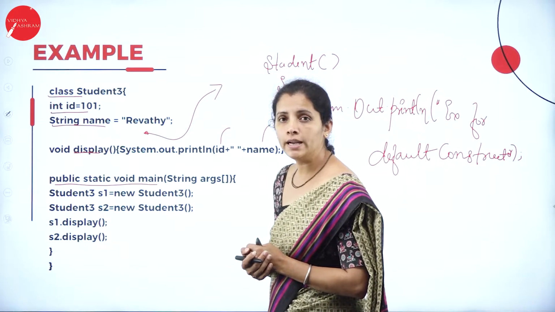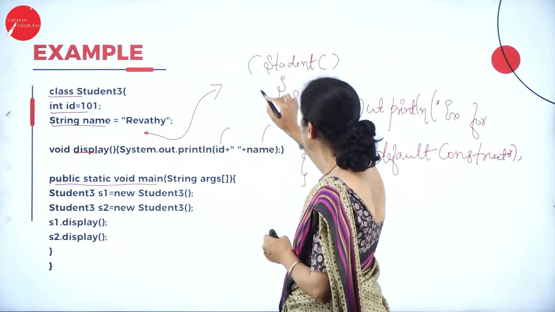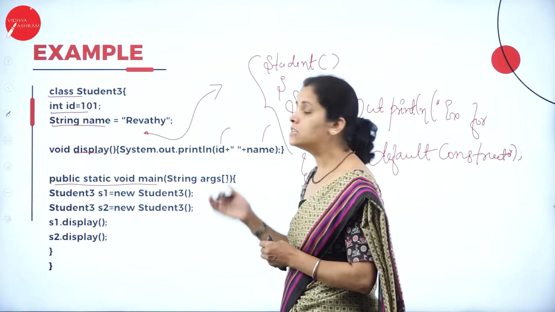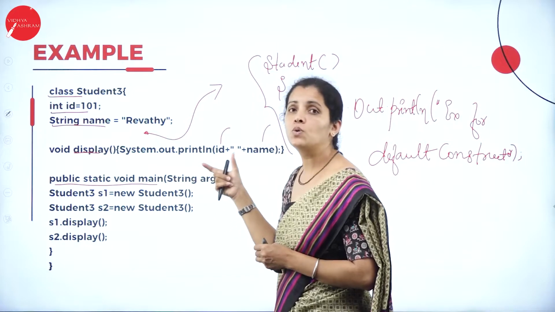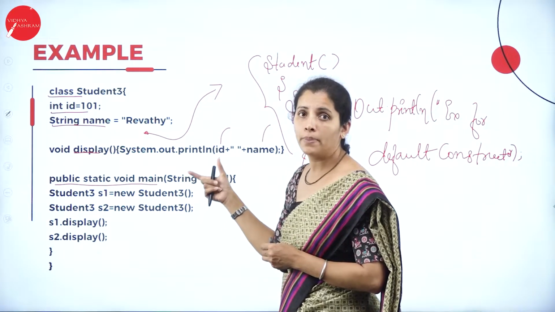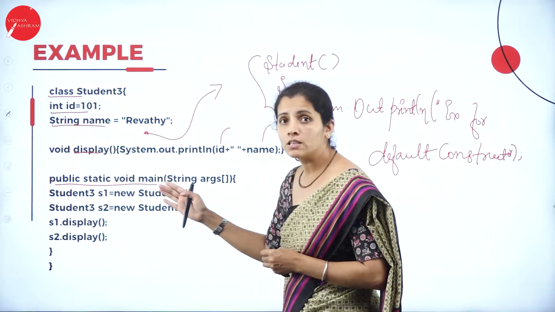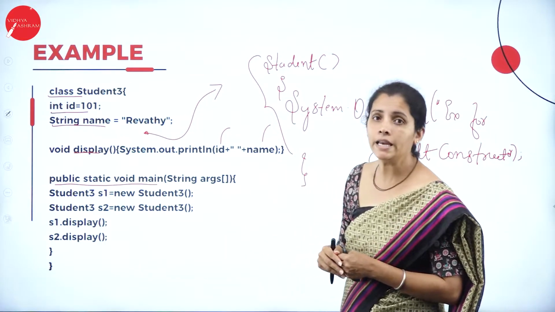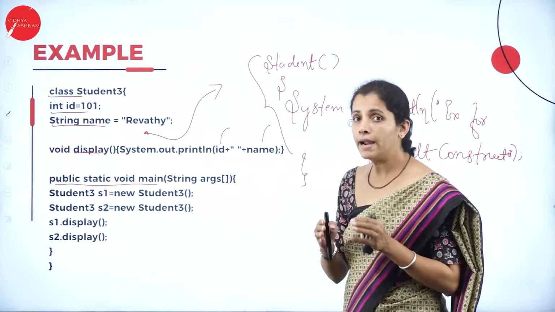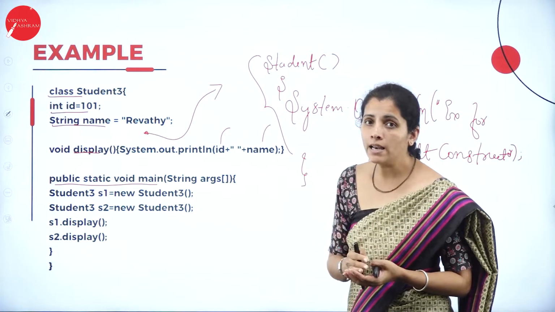So, dear student, without this constructor also, this program is going to work fine, because suppose if my program does not have any constructor, by default what will the compiler do?